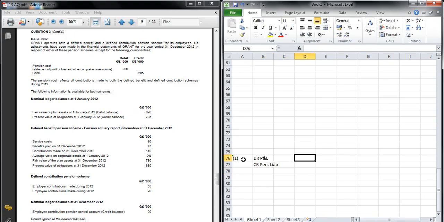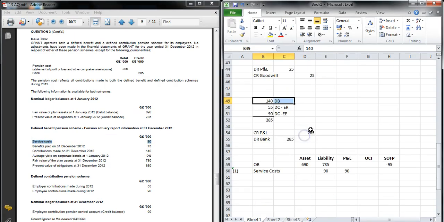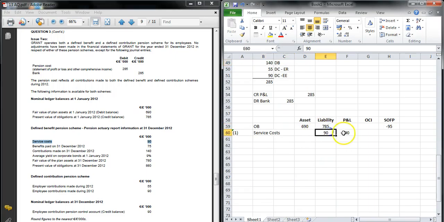So that's the service cost for the year, debit 90, credit pension liability 90. So what initially would have been done, debiting the 140 as contributions, was not correct. You only debit the service costs, i.e. the actual cost incurred during the year, which may not necessarily be the amount paid. So that's the first: increase your liability and write it to the P&L.